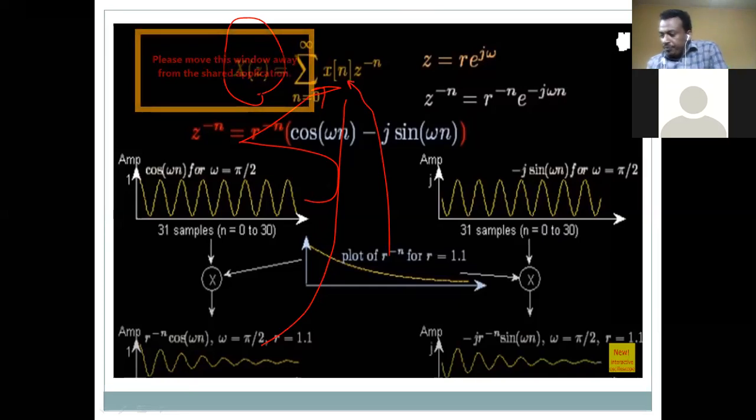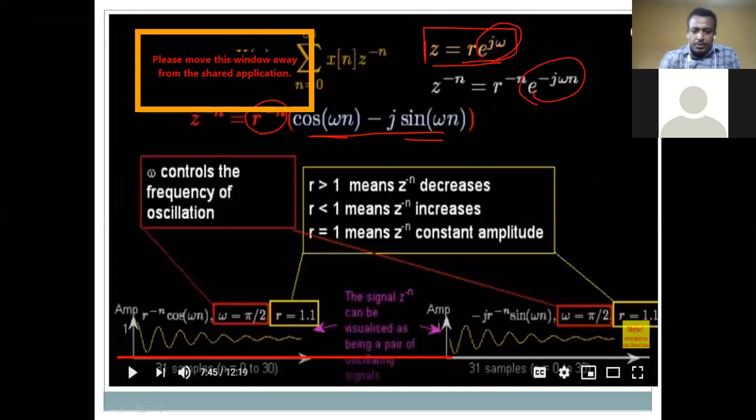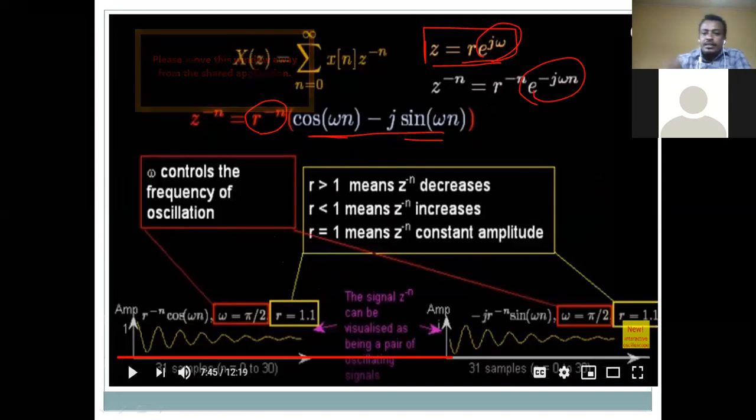Okay. So the Z transform is a very powerful tool in digital signal processing. It will tell us the presence of sinusoidal, decreasing oscillation, increasing oscillation, exponential, what type of signal exists in your sample x of n. You can determine it by using the Z transform.